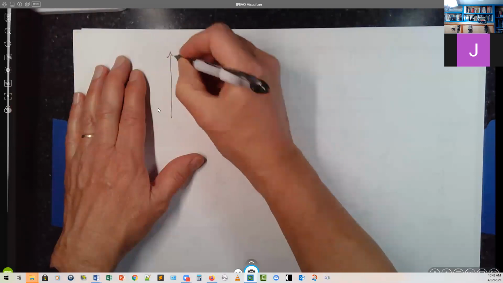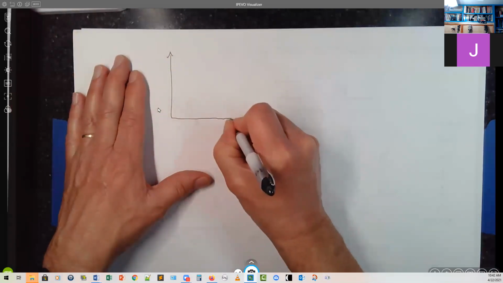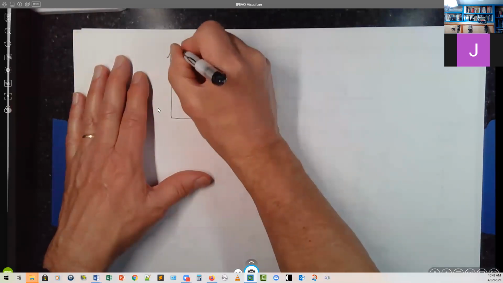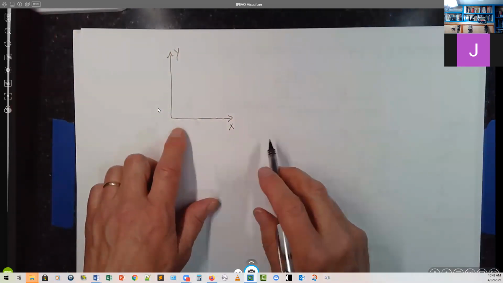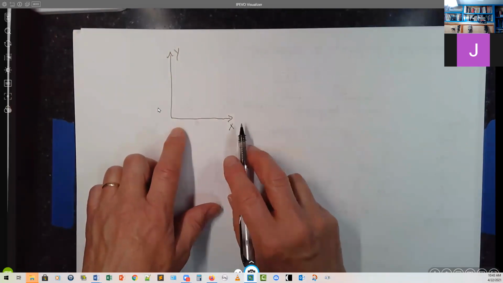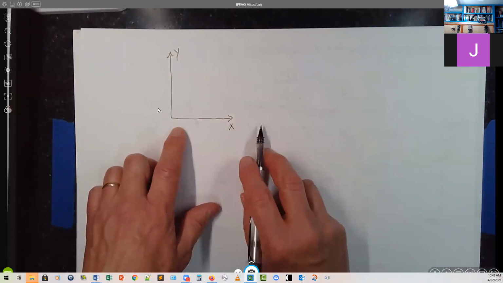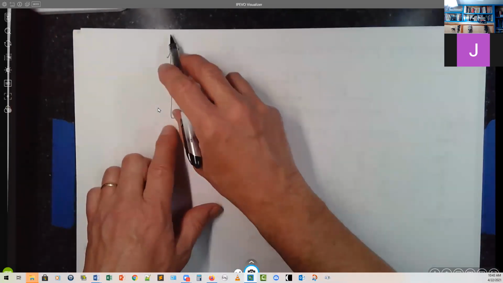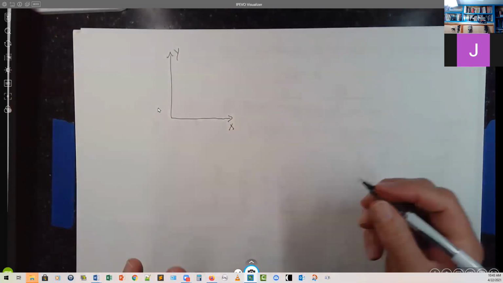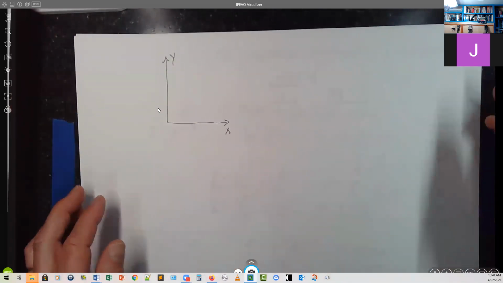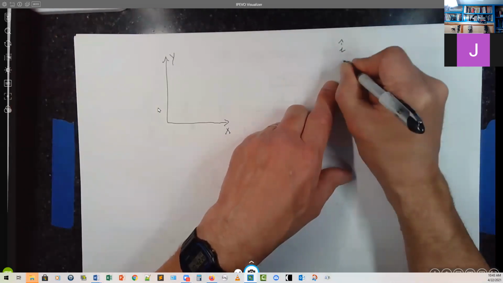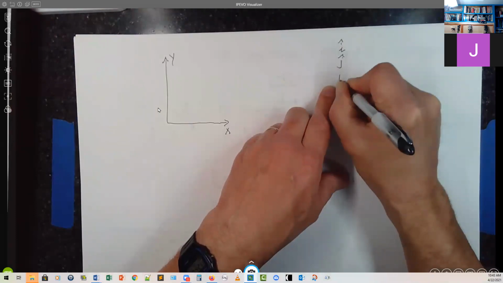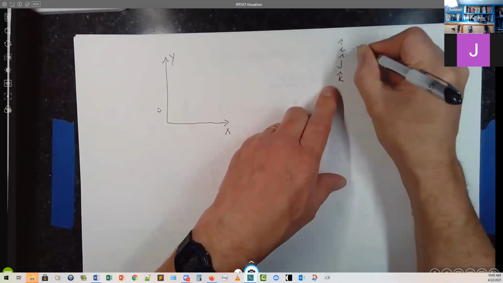Suppose I introduce an XY coordinate system, and so y points up and x points sideways, and I introduce a unit vector that points in the x direction and one that points in the y direction. Now, in more advanced classes, what you'll usually use is i hat, j hat, and k hat for unit vectors.